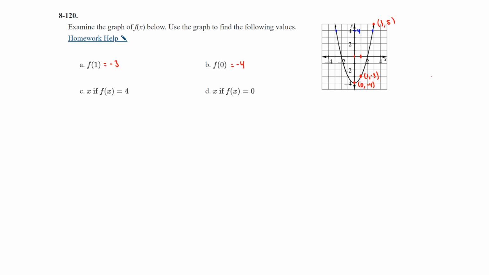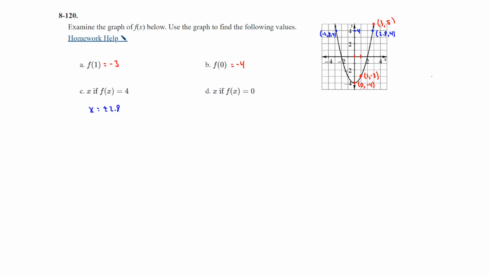On this one, there are going to be 2 of them, and we'll have to approximate. It's pretty close to 3, but let's just say 2.8, comma 4, and then over here, it's going to be negative 2.8, comma 4. So x would equal plus or minus 2.8.